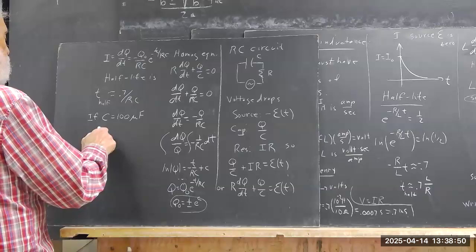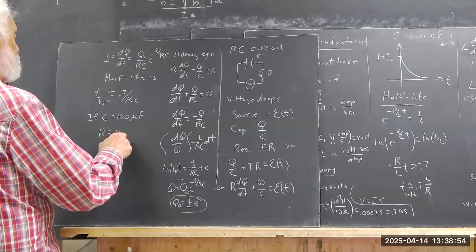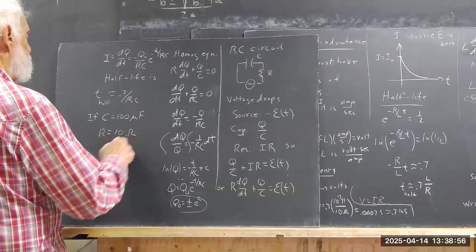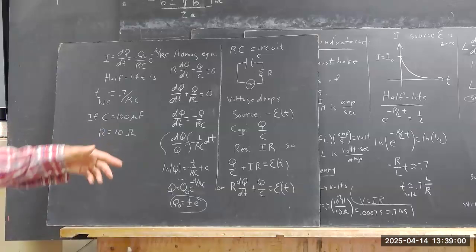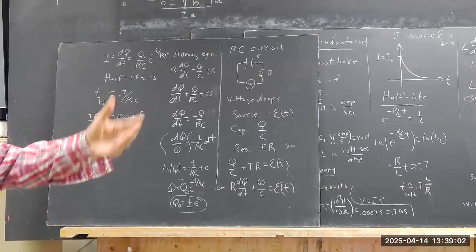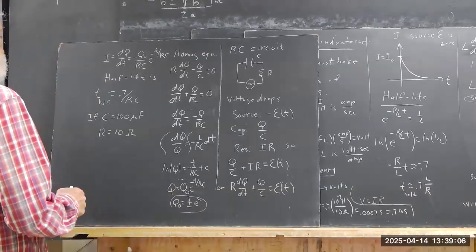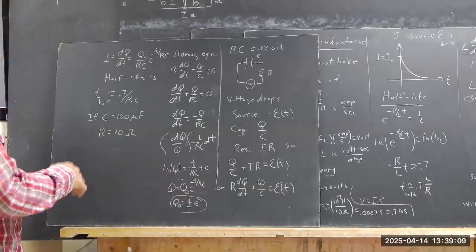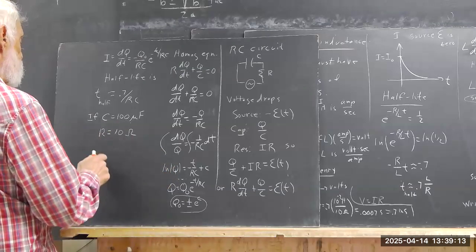The capacitor is 100 microfarads, and the resistance is, let's say, 10 ohms. I think what we got is 10, 33, and 100 ohms, kind of a geometric sequence. 33 is about the geometric mean of 10 and 100. Got this and this now.